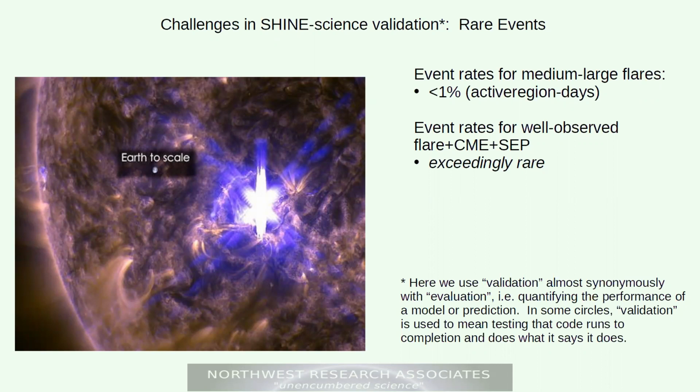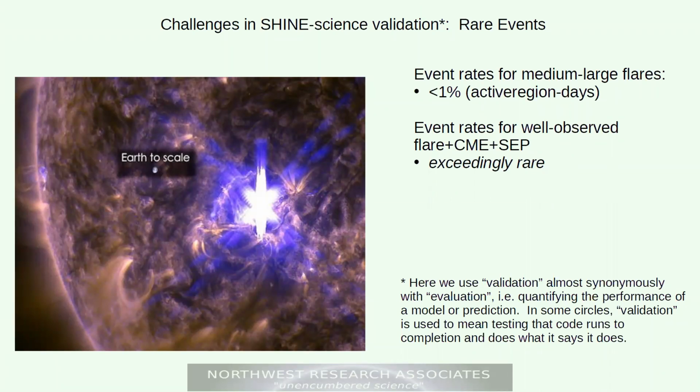A medium or a large flare, and you can put coronal mass ejection in there or some other storm type event, is really less than 1% of your active region or sunspot group days type of event rate. So basically, for many of these kinds of events, if you forecast or assume that you're in a quiet period, you're going to be right most of the time. And that's a thing to remember.